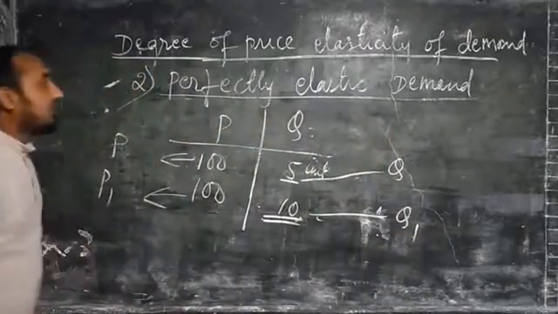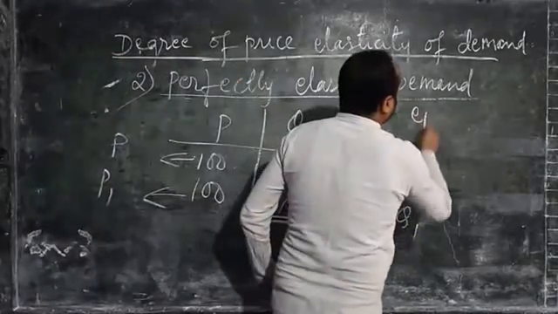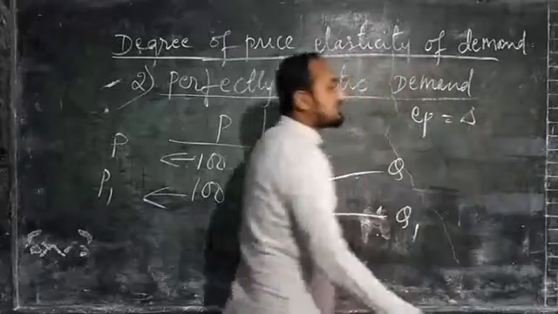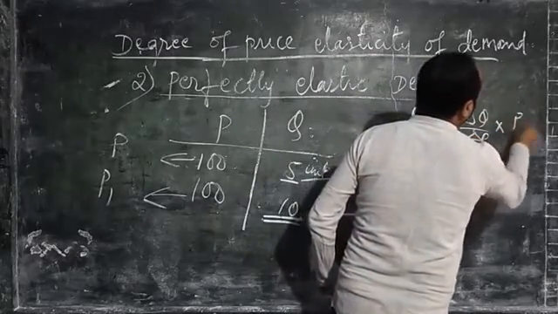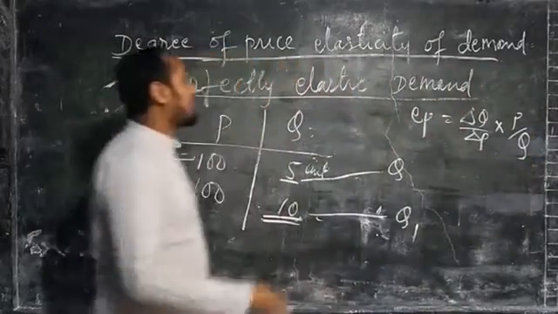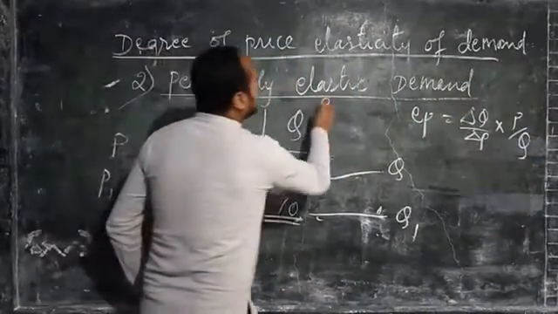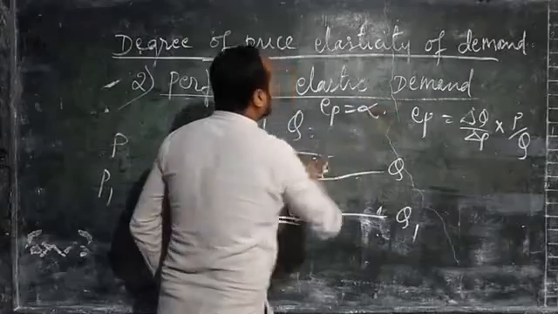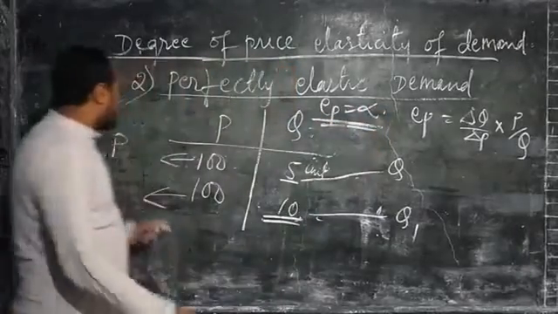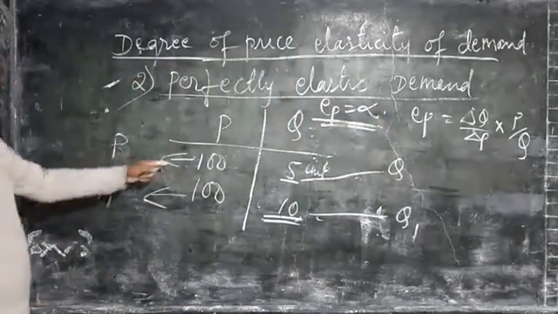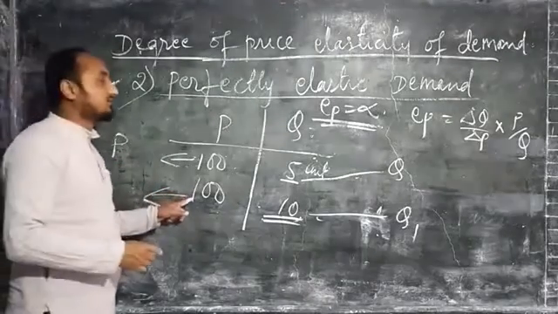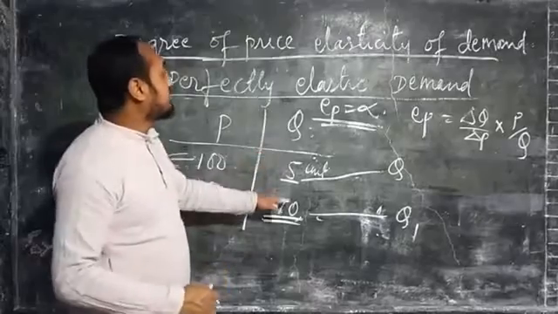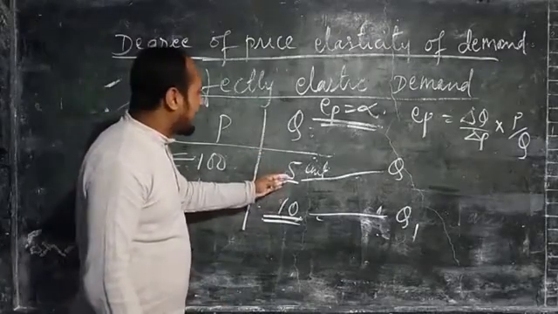Now we know that EP, that is price elasticity of demand, equals del Q by del P into P by Q. Again we are going to prove that the EP value will be equal to infinite. For this proof I am using this data: P as 100, P1 also 100, because here the price of the commodity is remaining the same, but quantity demanded is changing from 5 to 10 units.